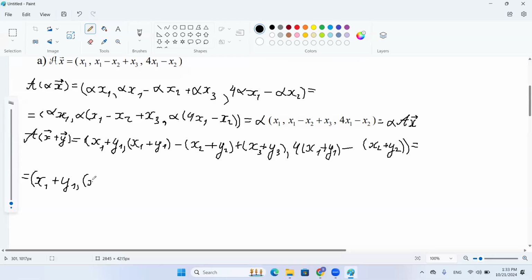So x together with x: x1 minus x2 plus x3. So plus y1 minus y2 and plus y3. Identical signs, of course.